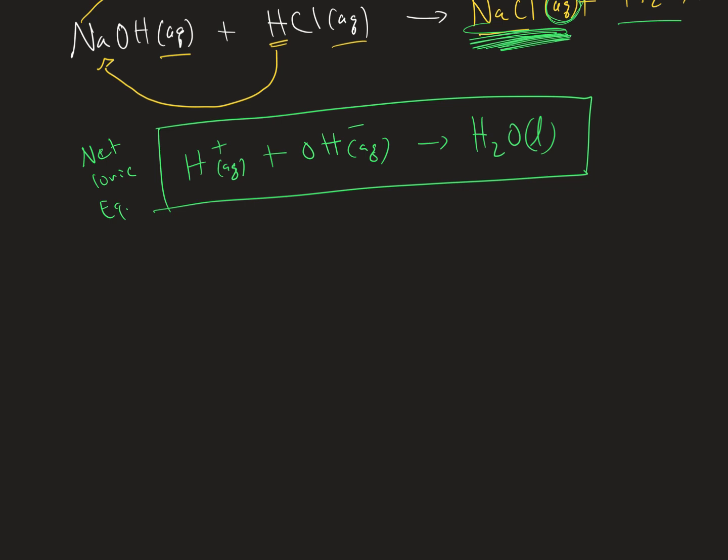Okay, let's say we have H2SO4 and lithium hydroxide. Determine the products, balance it, and write a net ionic equation for it.